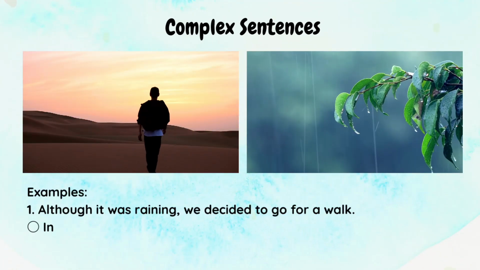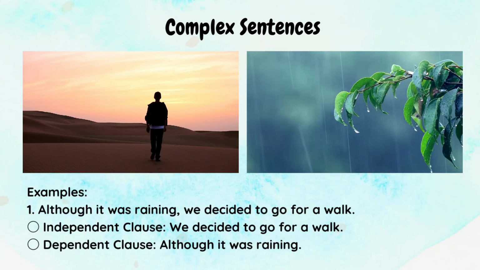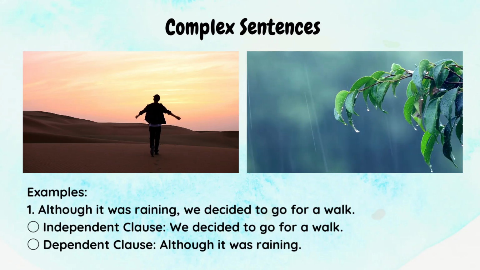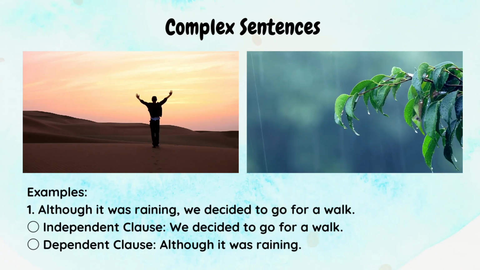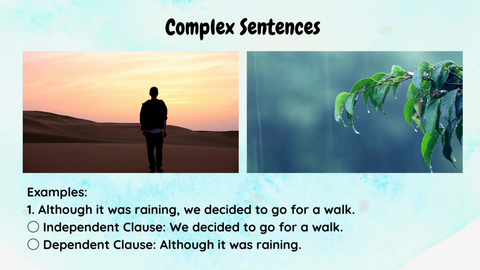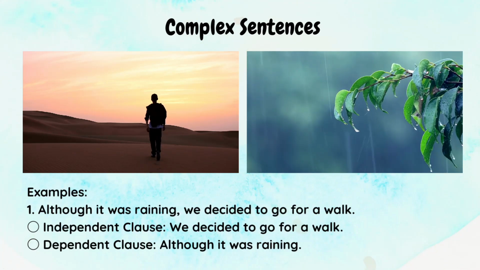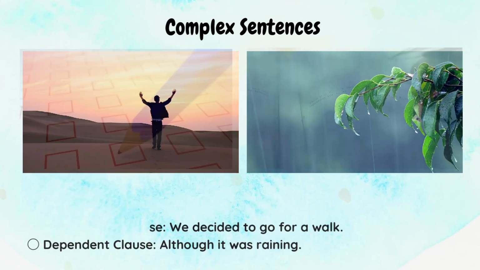Examples of complex sentences. First, although it was raining, we decided to go for a walk. Here, we have the independent clause, which is we decided to go for a walk. It is a complete sentence which can stand alone without the help of the dependent clause. Meanwhile, the dependent clause is although it was raining. This cannot stand alone.